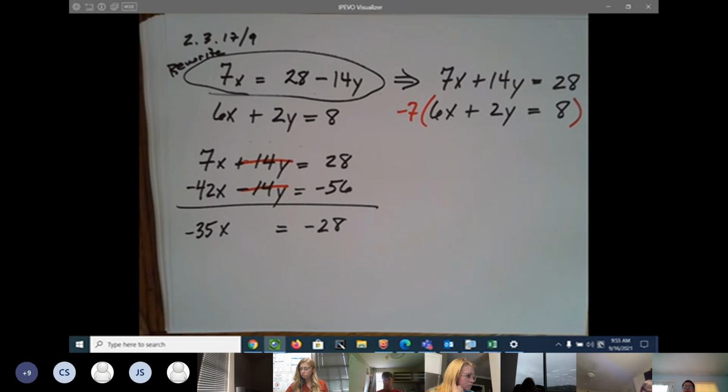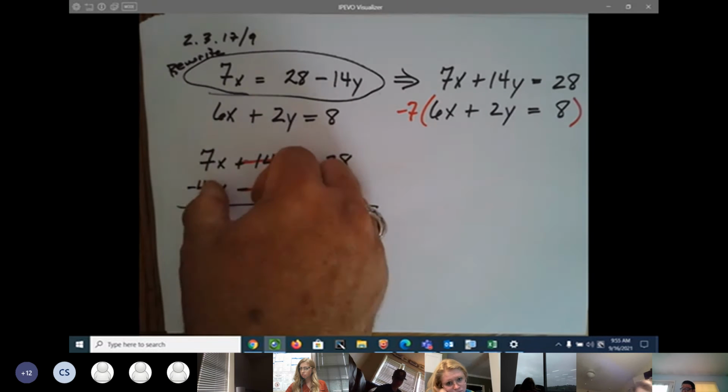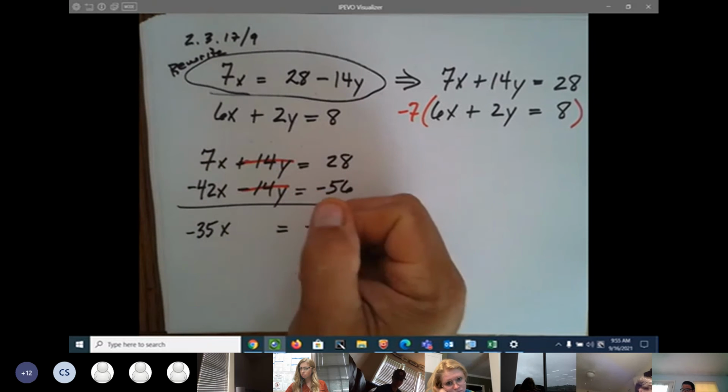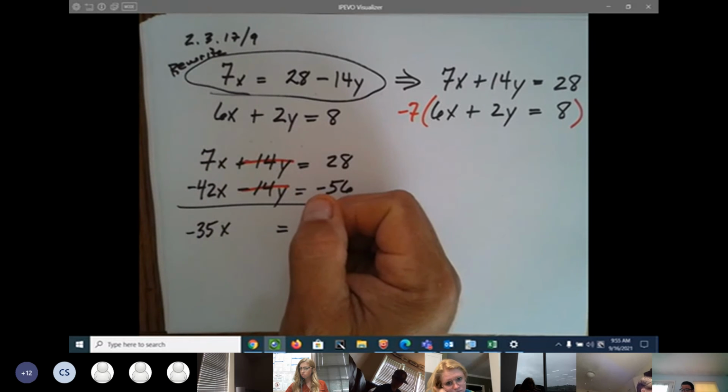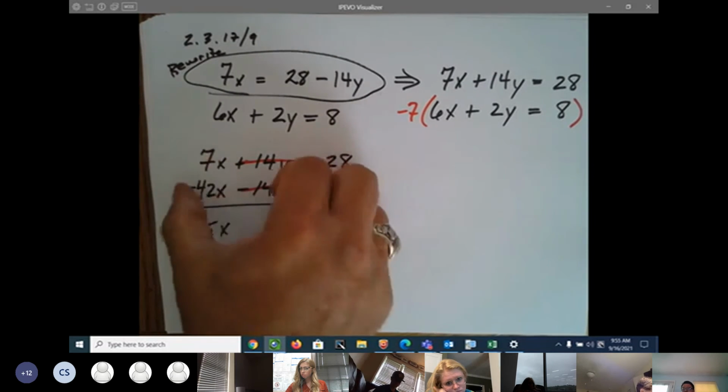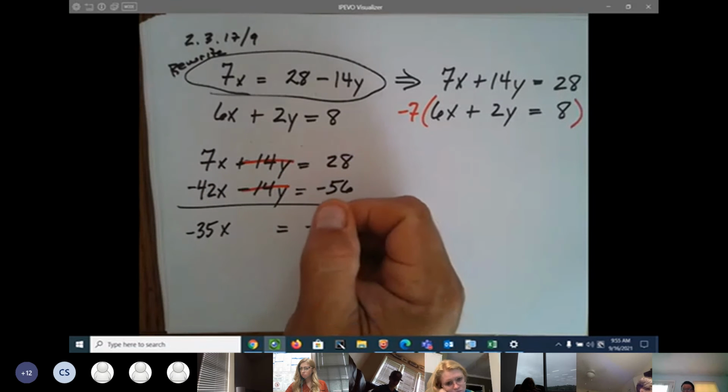1, 2, 3, 4, 5. I think it's -49. Wait, are you adding or subtracting to it? 7 minus 42. What's 7 minus 42? What's a negative? Yeah, 7 minus 42. So wouldn't that be -49?